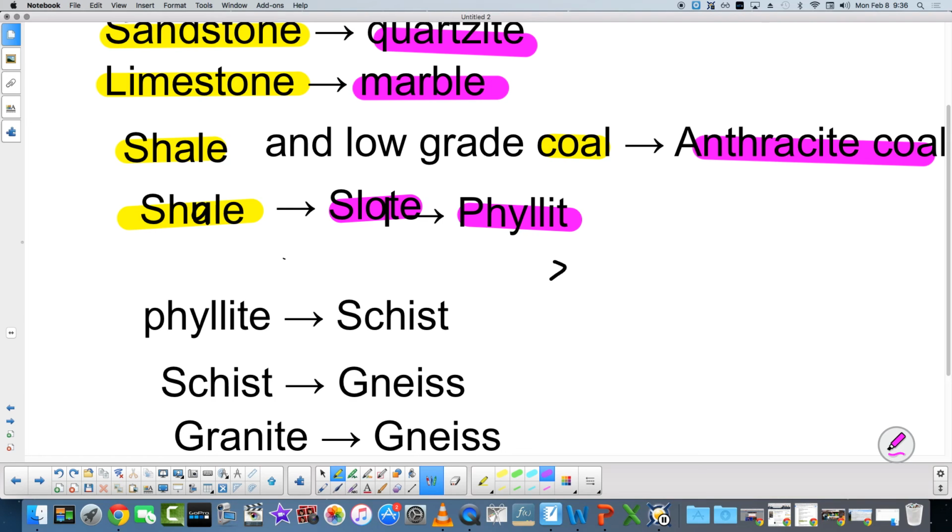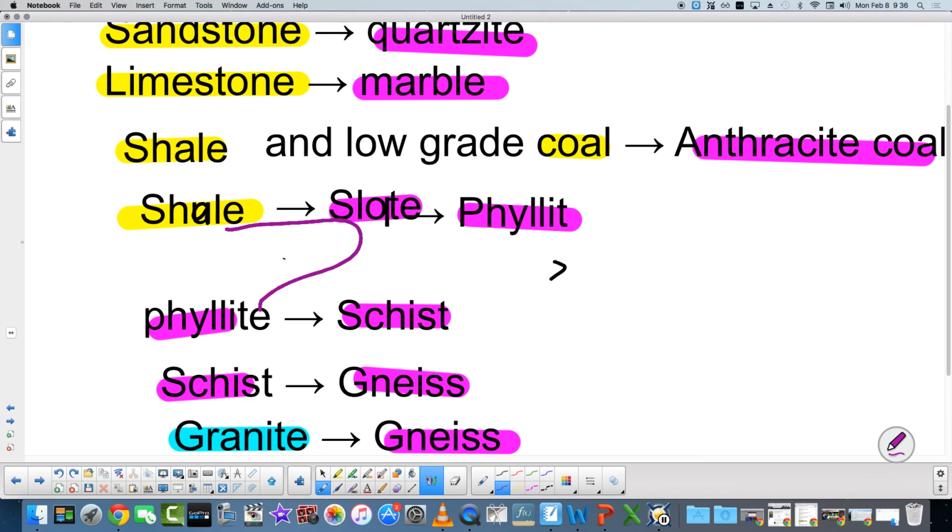But now, notice we have phyllite leading to schist, schist leading to gneiss, and there's gneiss again coming from igneous granite. And so, recall earlier we had our grades of metamorphism, and we said that shale, a sedimentary rock, slate, and phyllite were not very foliated. But then schist and gneiss are very foliated.